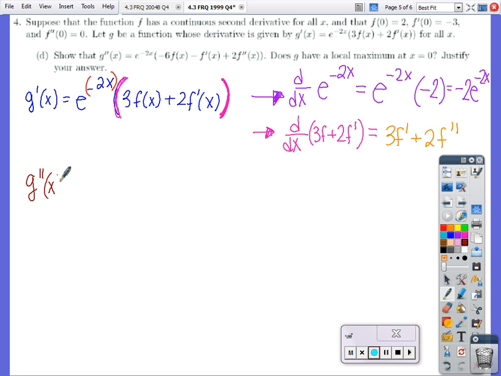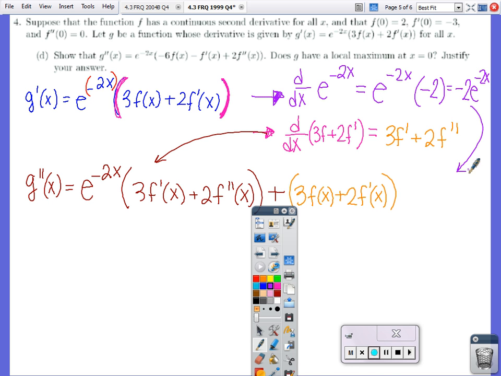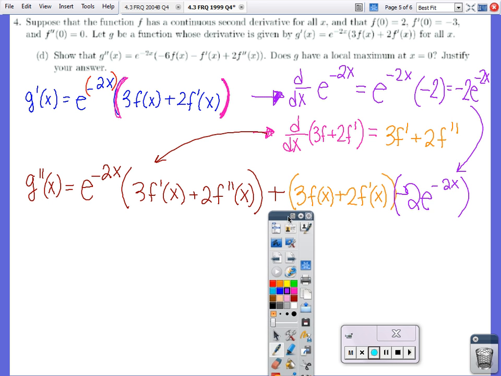The second derivative would be: leave the first function alone, multiply by the derivative of the second, and that's this pink part right here, which is 3f prime of x plus 2f double prime of x, plus leave the second part alone, so that's the original second piece of the function, multiplied by the derivative of the first piece, times negative 2e to the negative 2x. All right, so we end up with, move this off to the side.